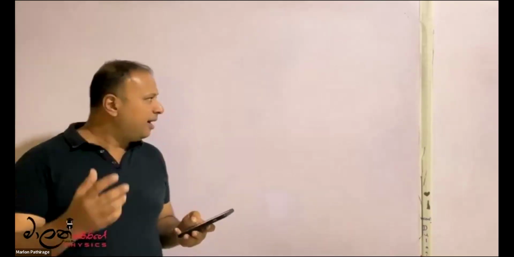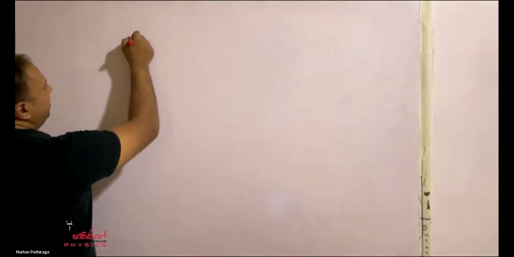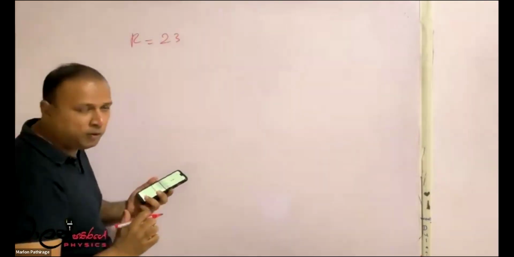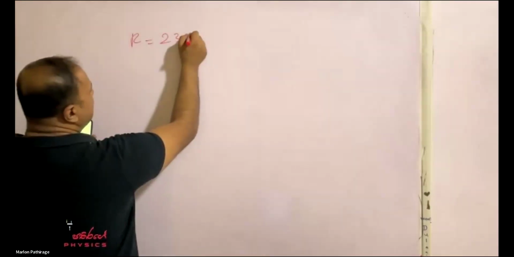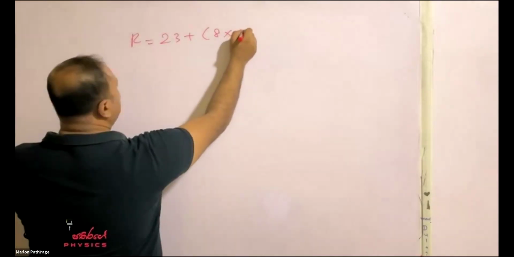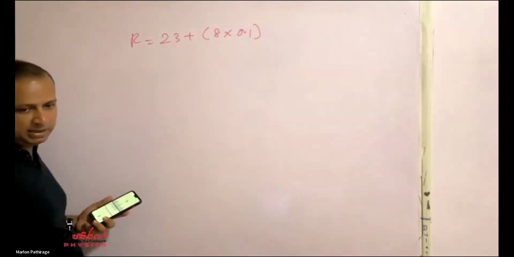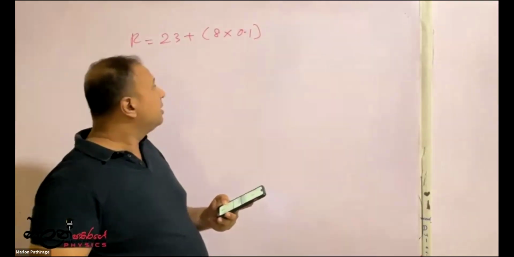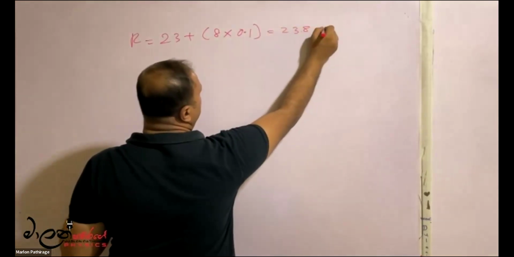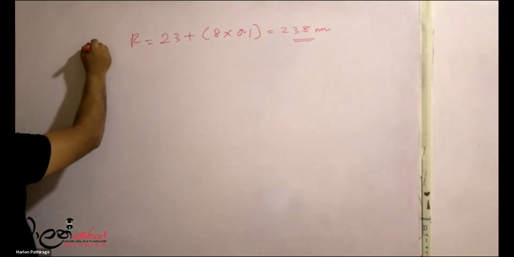Therefore, we can read up to 23 millimeters, then plus 8 marks into the least count, which is 0.1 millimeter. It is given. Therefore, the answer is 23.8 millimeters. This is the answer for question number 2.